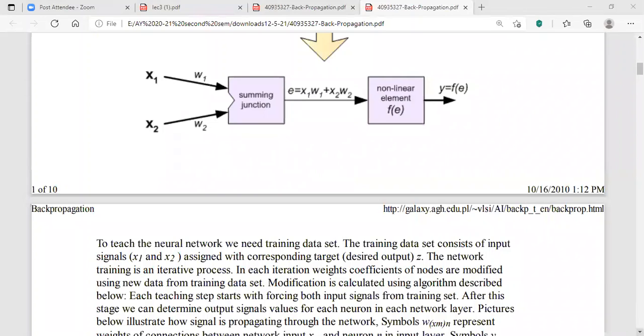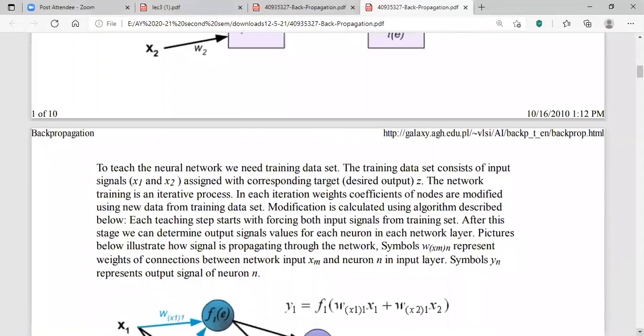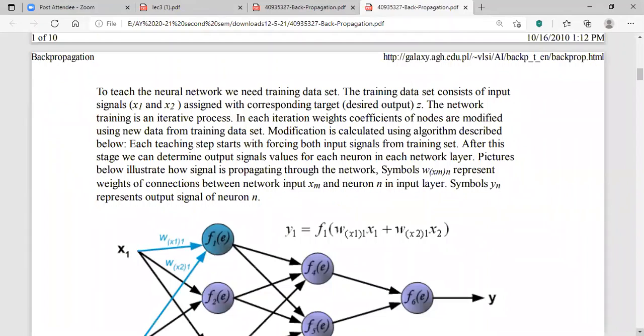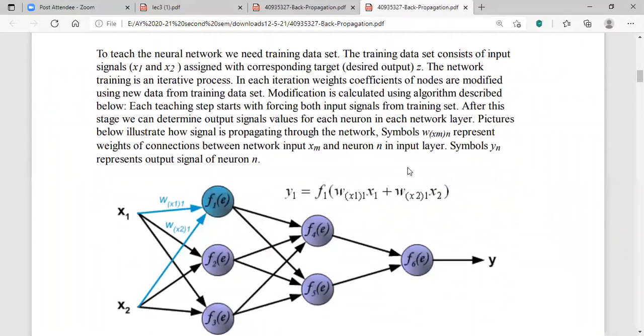So you need to train your neural network. The training data set consists of input signals assigned with the corresponding target value. In this backpropagation algorithm, it is an iterative process.